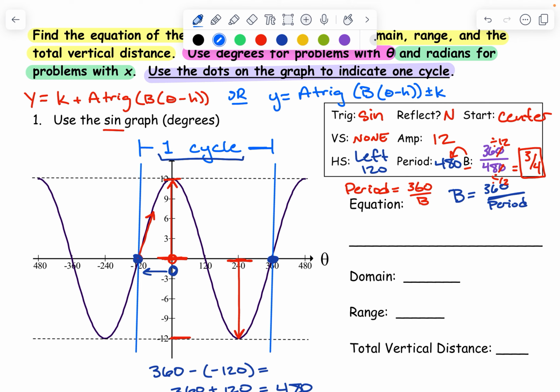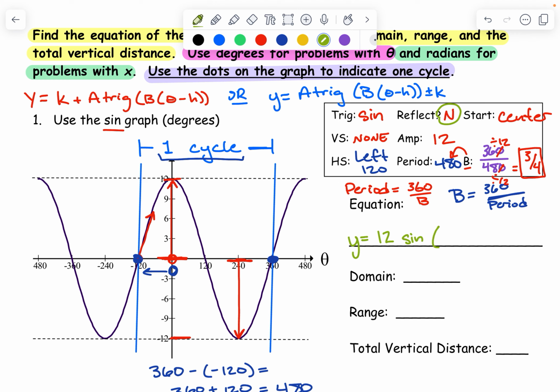Now, we need to put all of this information into this format. So we're going to write y equals, and we're going to put our k out front. There was no vertical shift, so we don't actually need to do anything. And then our amplitude, it was not reflected, so we have a positive a value. This is a sine function.